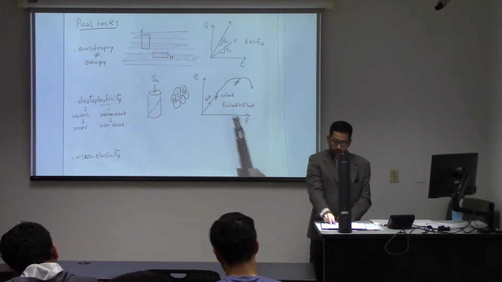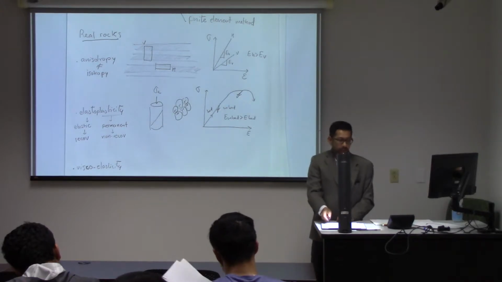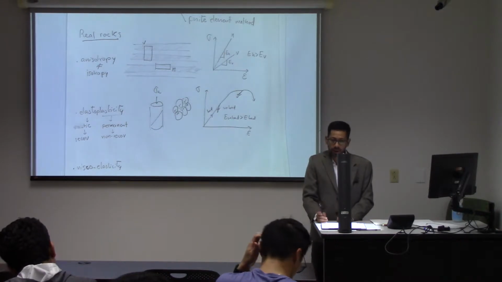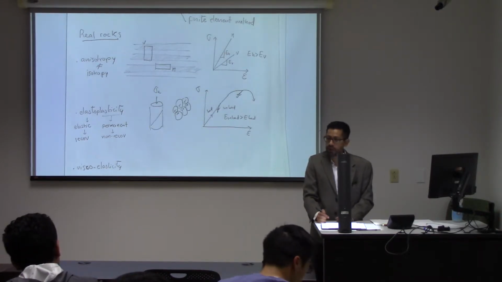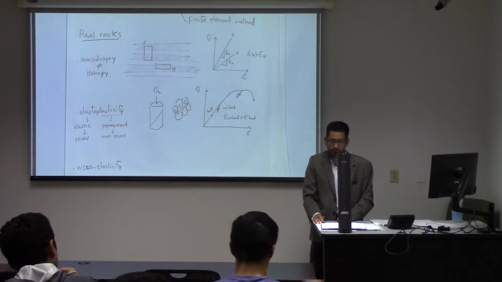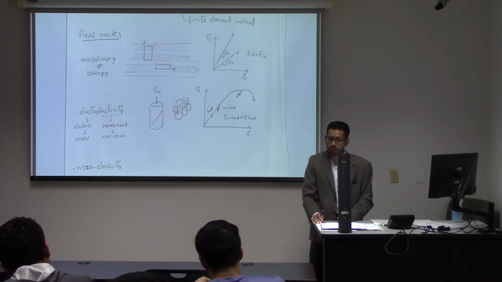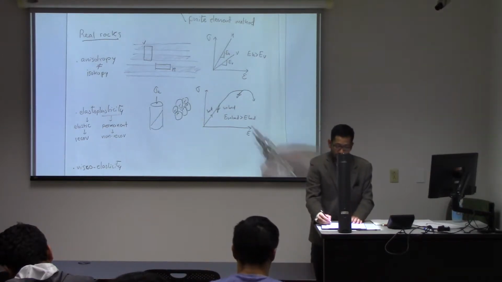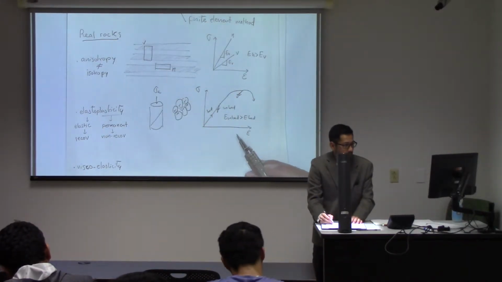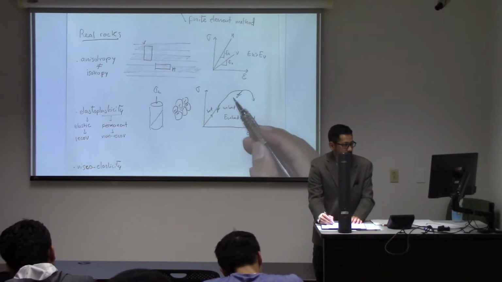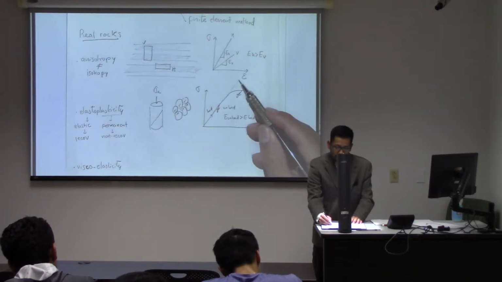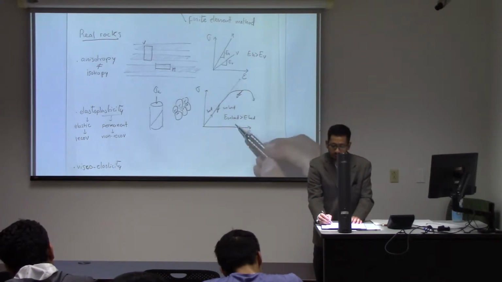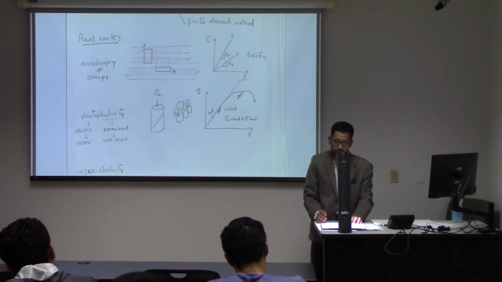And usually when we deal with rocks, we get many times to this point of non-recoverable strains. So when you get there, you cannot use linear elasticity anymore, because if you use that, say if you get to this very large strain, you will assume that if you were to follow linear elasticity, you will have a very high stress somewhere over here, but actually the rock has gone into failure, and you will never reach that one.